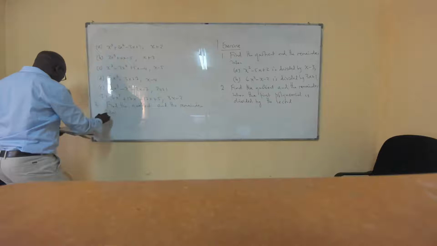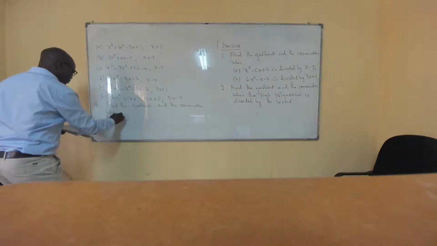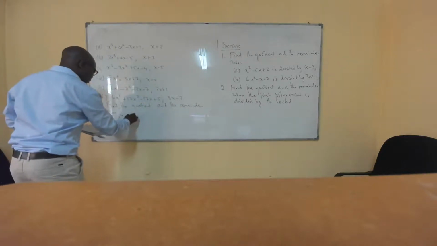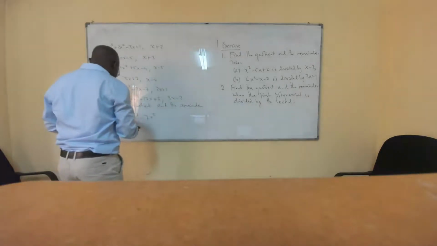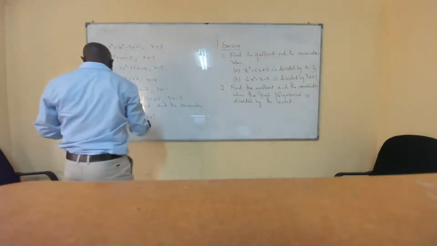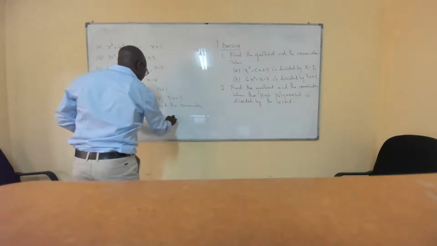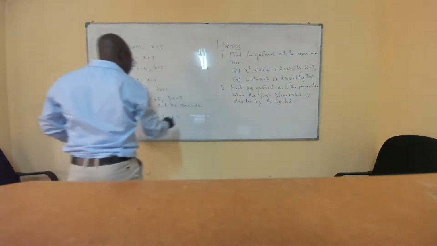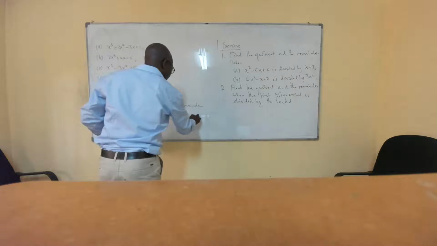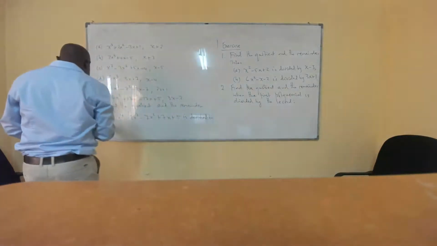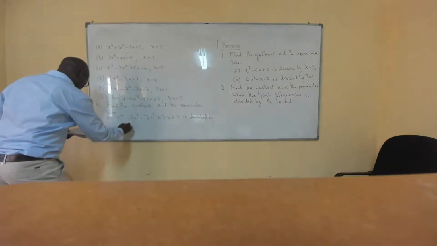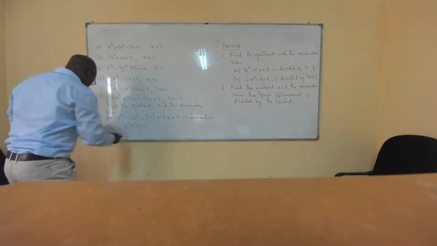When A, x to the power 4 minus 2x to the power 3 minus 7x squared plus 7x plus 5 is divided by x squared plus 2x minus 1.